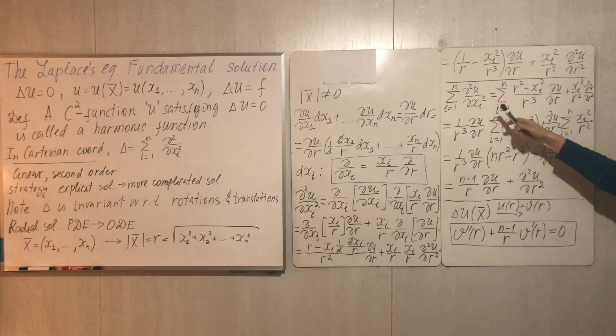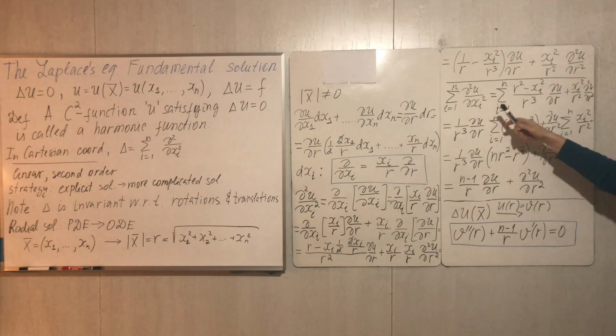Then d²u/dr² can be pulled out, with the sum of an expression like this. When we perform the summation, we get n times r squared, and the summation of all xi squared gives us r squared, and finally we end up with this expression.